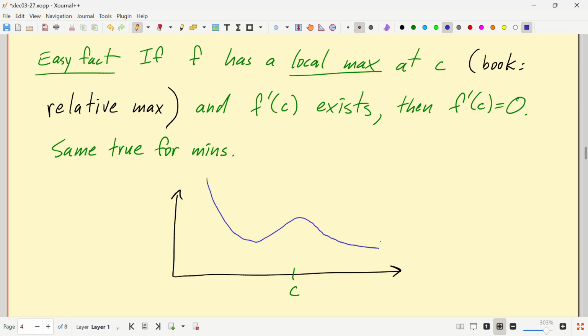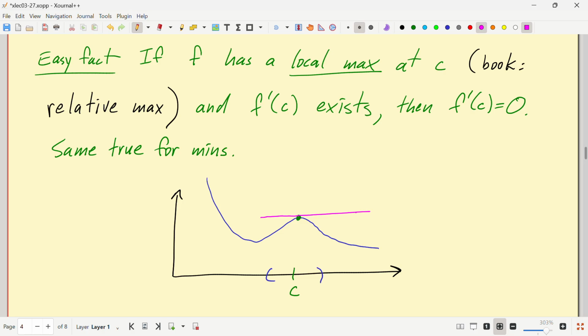So it could be bigger over there, but there's an interval here where the biggest point around is at c. Okay, that's going to be a local max.